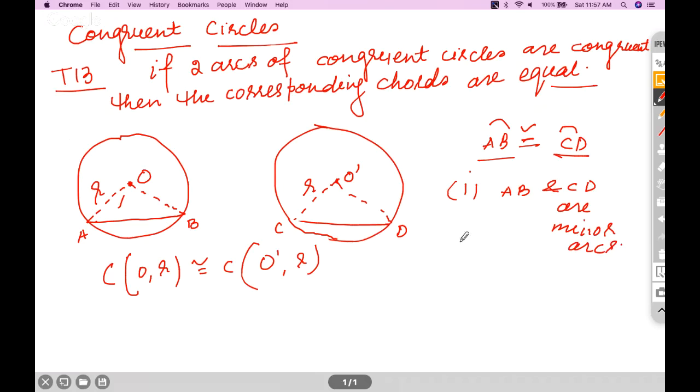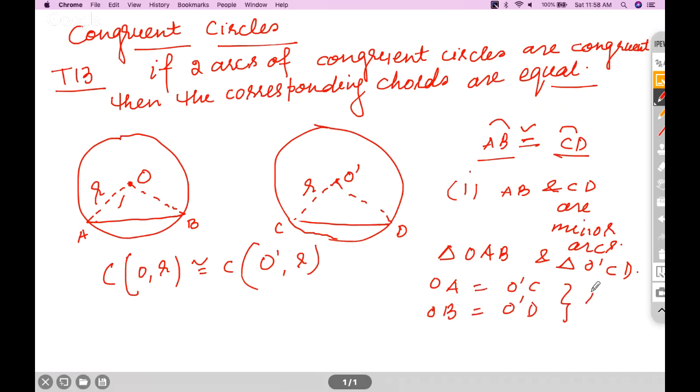If they are minor arcs, let me take triangle OAB and triangle O dash CD. So OA is equal to O dash C, OB is equal to O dash D. They are both radii, and I know that angle AOB is equal to angle CO dash D, because if the chords are congruent, chords become congruent only when they form the same angle at the center.